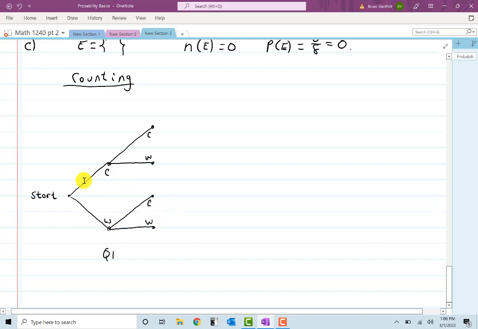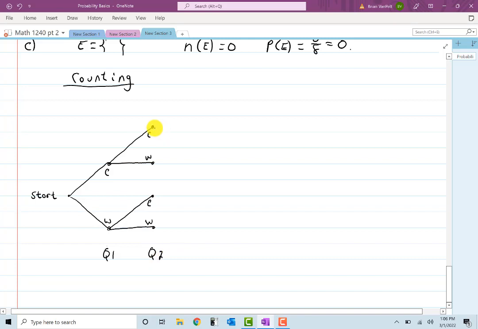So basically, what I've uncovered here is 4 different outcomes: a CC so far for the first 2 questions, or a CW, or a WC, and a WW. So I have 4 possible outcomes just yet. That's only after 2 questions.